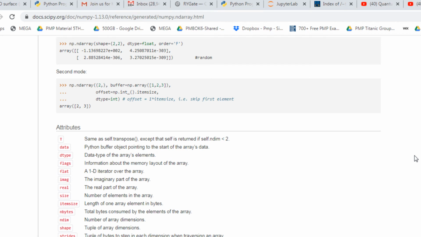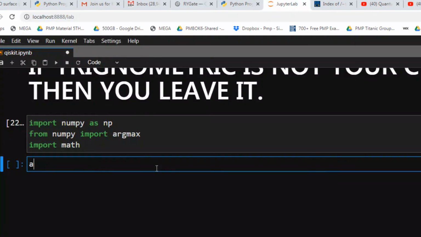Okay, so to calculate the axis, then I'm gonna say from numpy import argmax. Okay, so argmax is there, and then I'm gonna say argmax equals 2 into 2 into pi into cos, sine.